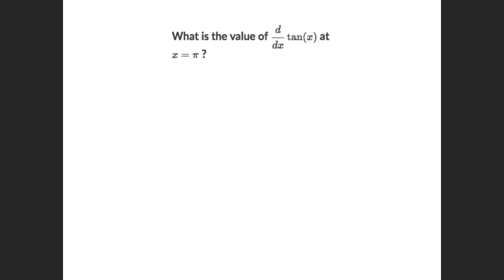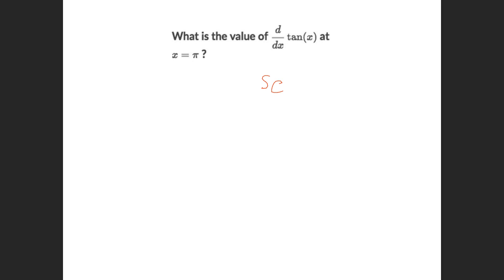Okay, so here's a problem. What is the value of the derivative of tangent of x at pi? Oh no, Mr. Shanklin, how do you find the point of tangent? Okay, well, first of all, we need to know what the derivative of tangent is, and that is secant squared of x, right? Yep, so that's the derivative.